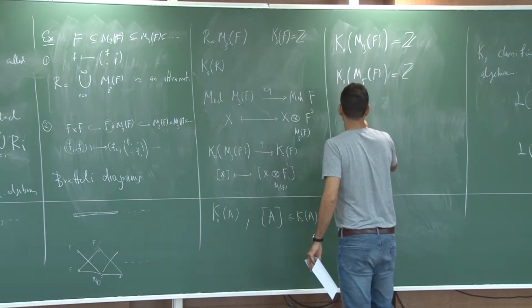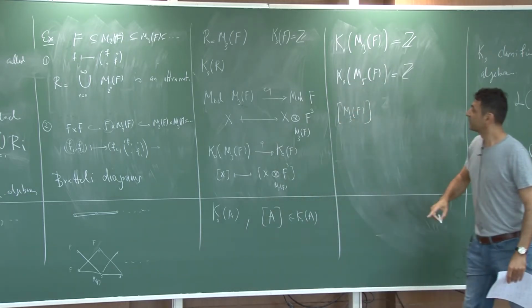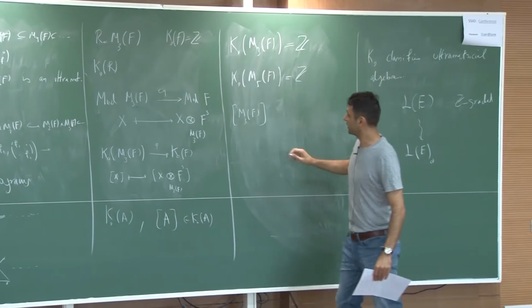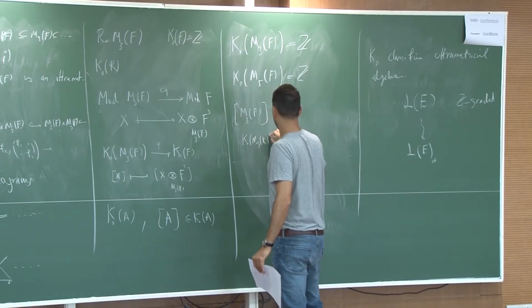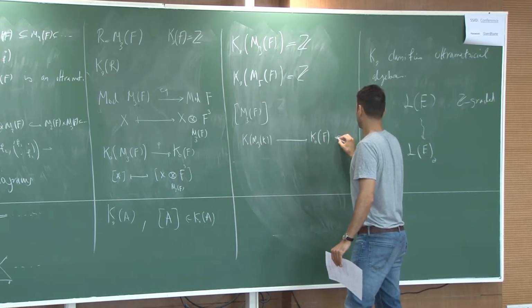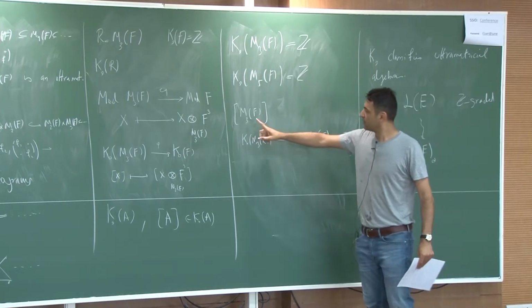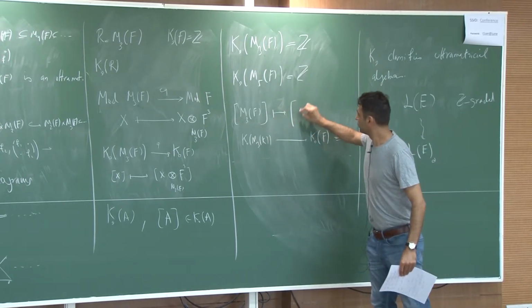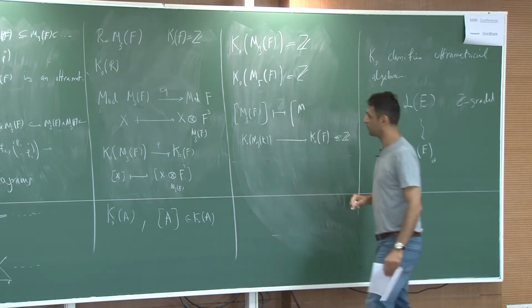So what is this element in K0? Well, I have K0 of M3 of F. I know this map will send this to K0 of F, and this is an isomorphism to Z. All right. So now, how does that go? It goes to look at this map here. Can you tell me what I would get?